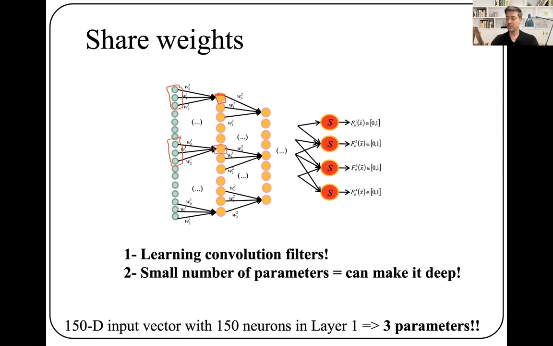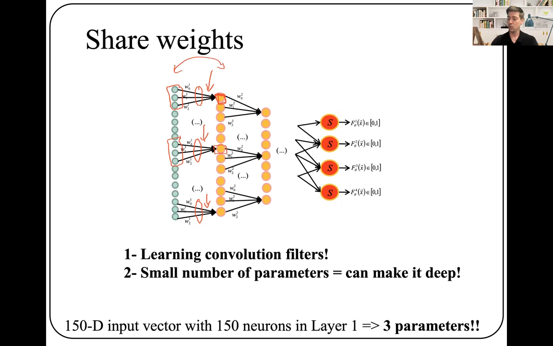But the difference now is that we're going to share the weights across these different connectivity patterns. So each neuron has 3 connections with the previous layer, so there are 3 different weights. And we're going to simply constrain these weights to be the same, whether it's here, here, here, or actually anywhere in between these 2 layers.